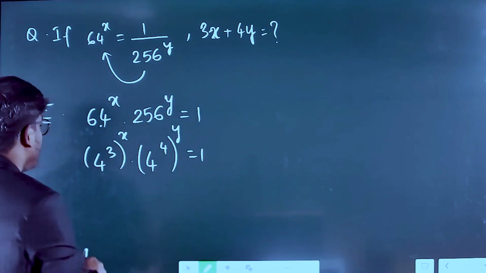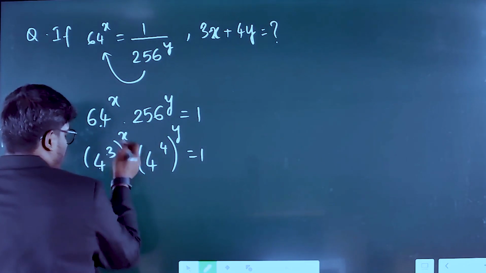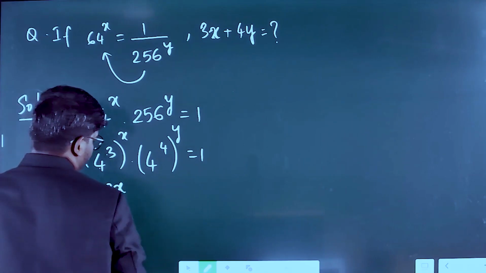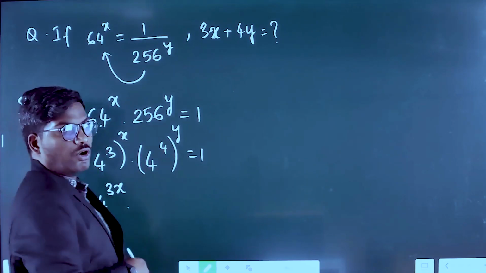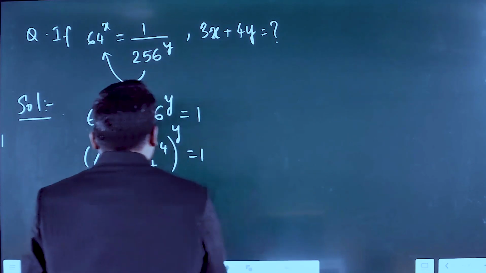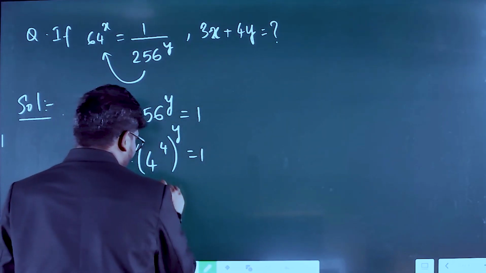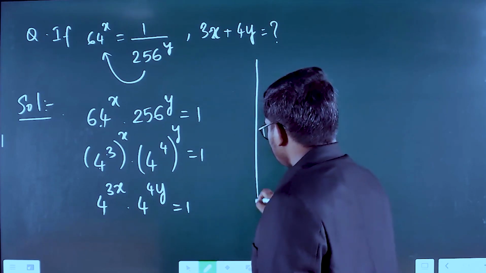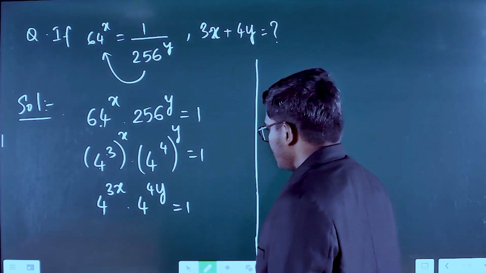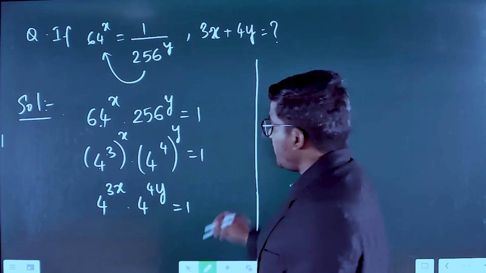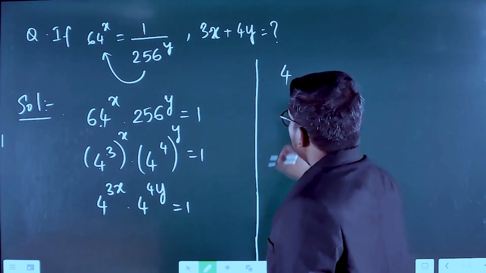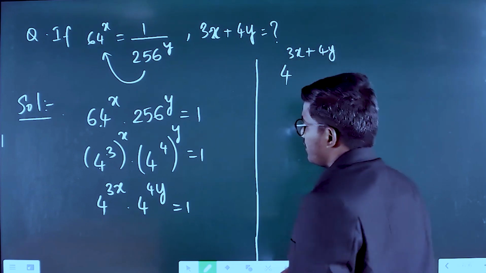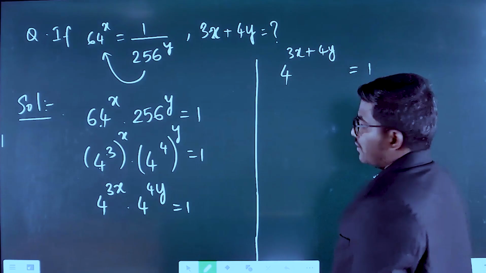Right? So 4 cube whole power x will be 4 power 3x into 4 power 4 whole power y, so that will be 4 power 4y. So this will be 4 power 3x plus 4y is equal to 1, right?